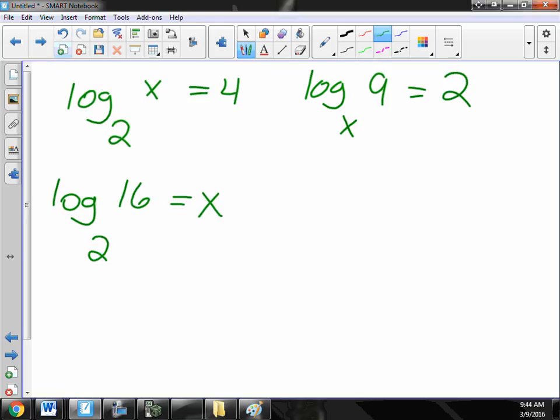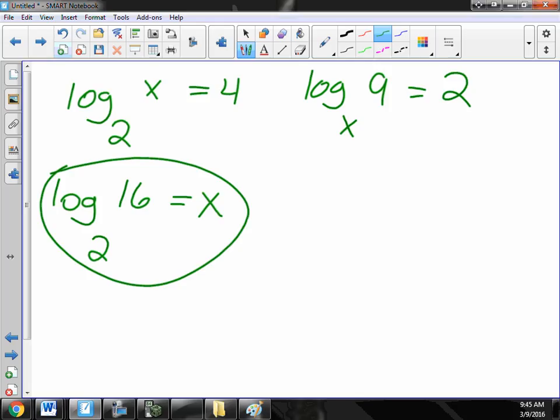Those are the 3 options. Either the exponent is in the logarithm, it's in the base, or it's the answer. And this one is the easiest. X is already by itself.